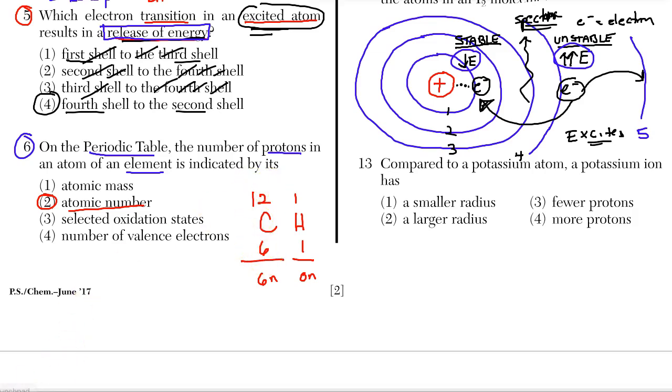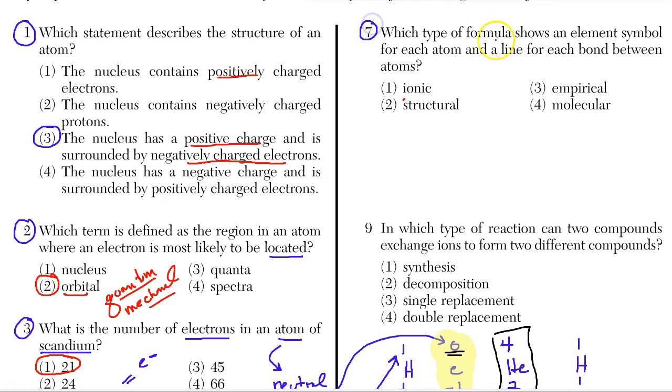Number 7. Which type of formula shows an element symbol for each atom and a line for a bond between each atom? Very weird kind of question, but what they're after is the following. So let's say I have something called ethane, which by the way is given to you in Table Q. Ethane has 2 carbons, single bonds, and then it has these other bonds for the hydrogens that I'll put out.